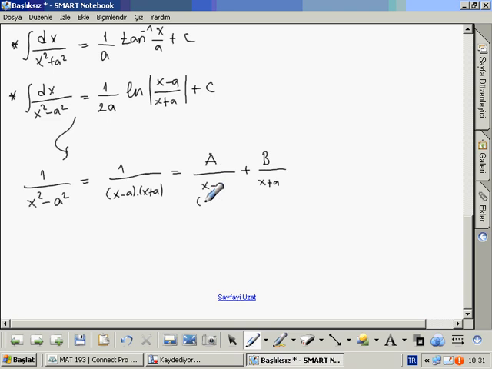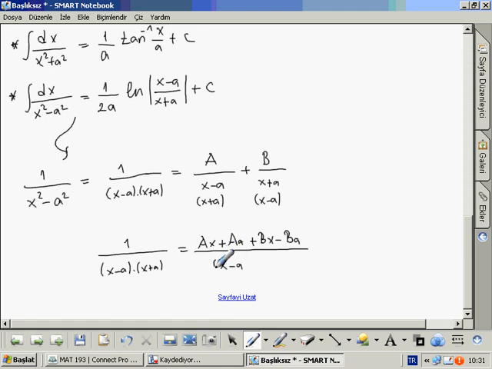When you multiply by x plus a and x minus a, you will obtain 1 over x minus a times x plus a equals Ax plus Aa plus Bx minus Ba over x minus a times x plus a.